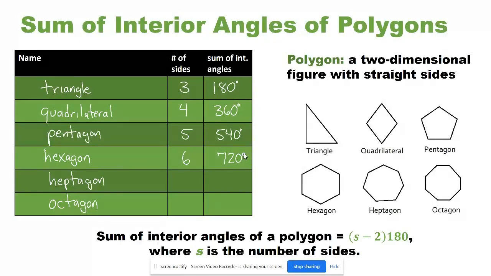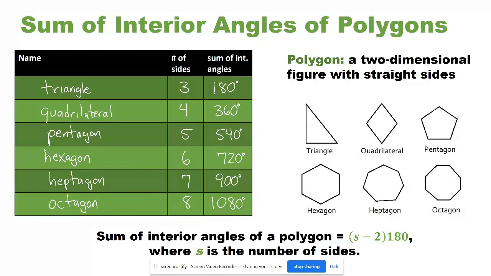A heptagon, which is seven sides, which we don't see that often, but it's still a thing. Those will add up to 900 degrees on the interior angles. And an octagon, your trusty old stop sign with eight sides, the angles would add up to 1,080 degrees.